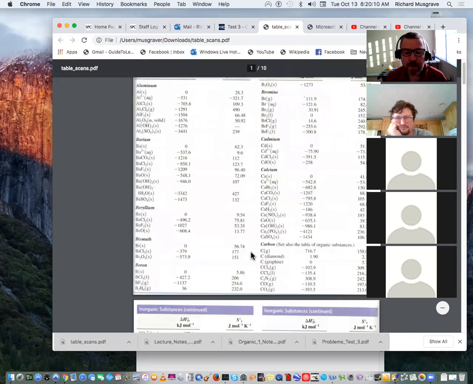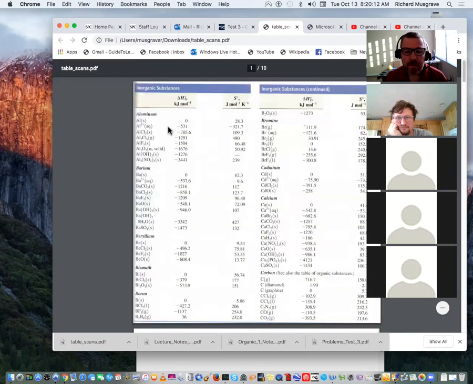But ions in solution tend to be negative for some reason. I'm not exactly sure why that is, but I think it's got to do with the fact that when you have an ion in solution, it arranges solvent molecules around it, which tends to lower the entropy overall. That's an observation that one can make just by looking at the table here.